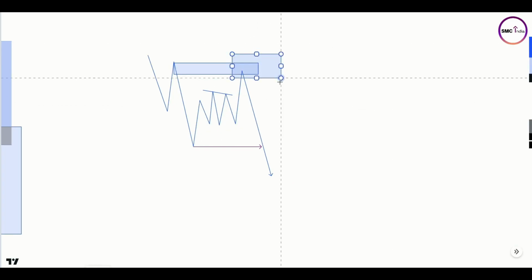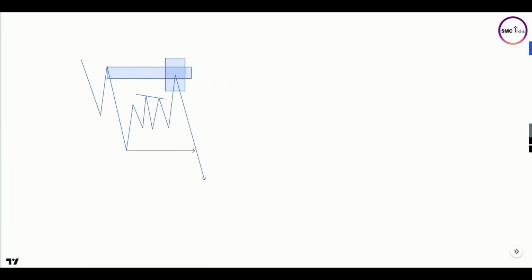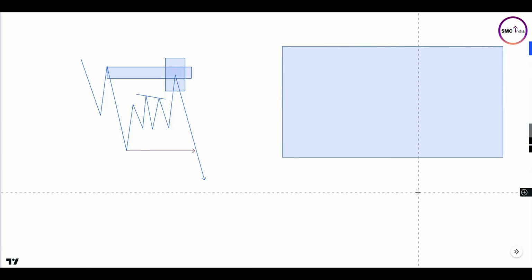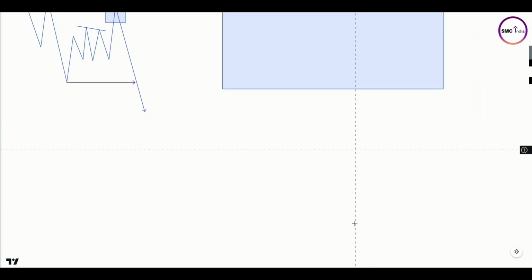So if I zoom this area, I could see that there is a supply order block here. And what does the price do?